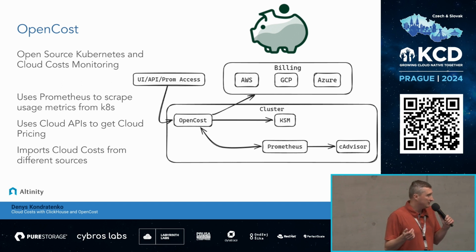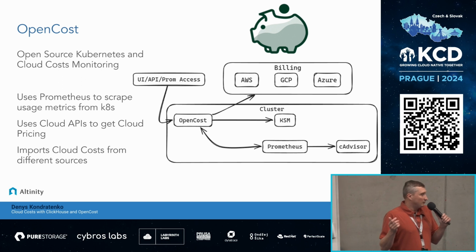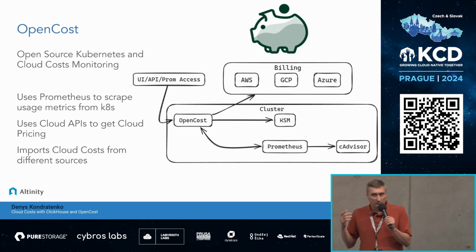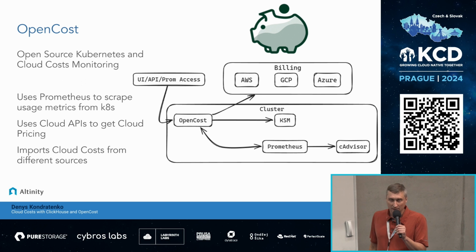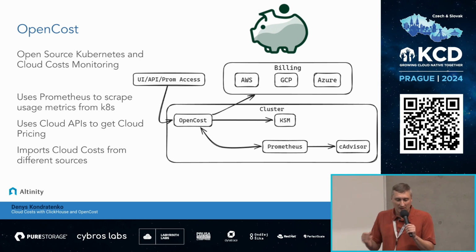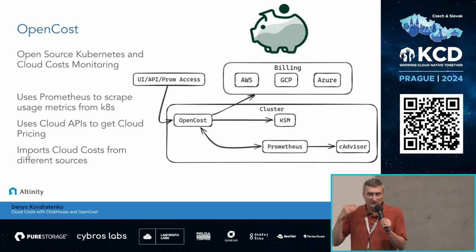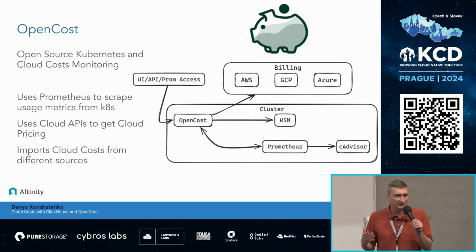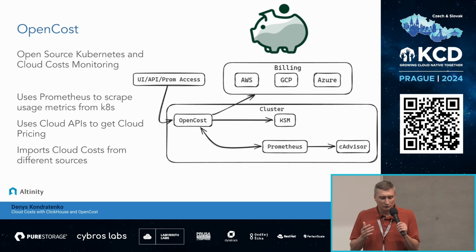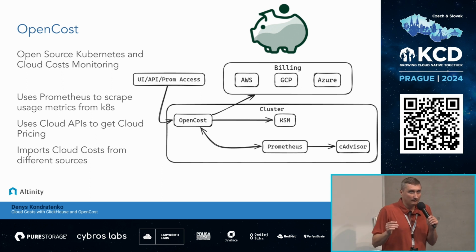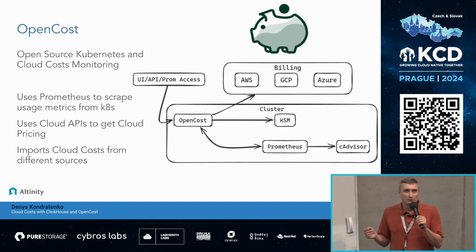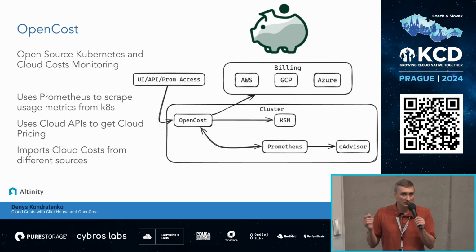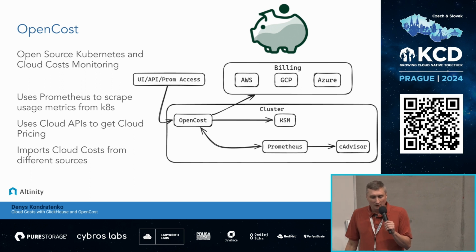So OpenCost is the open source Kubernetes and cloud cost monitoring tool, not tool, sorry, solution. It actually defines the specification and implements the specification for vendor-neutral cost management and infrastructure cost management in Kubernetes.